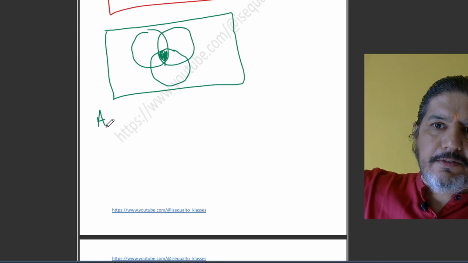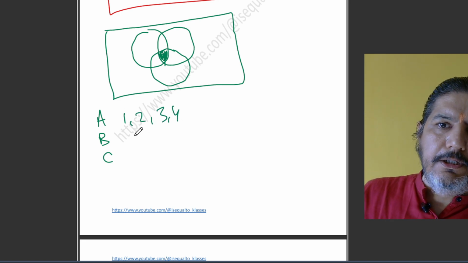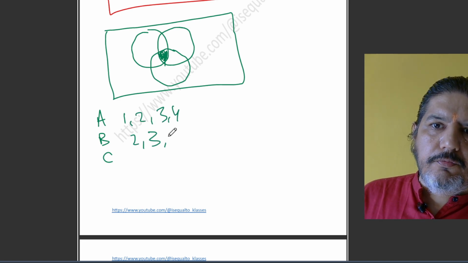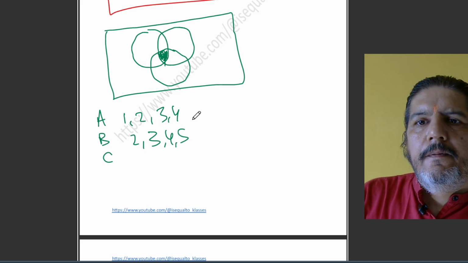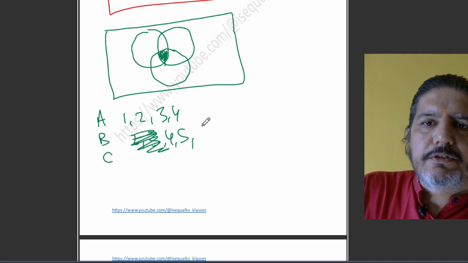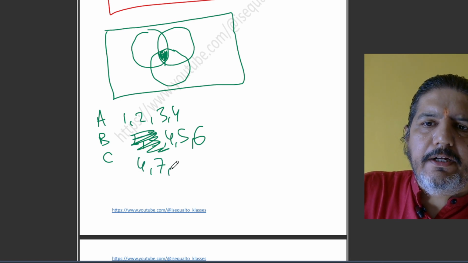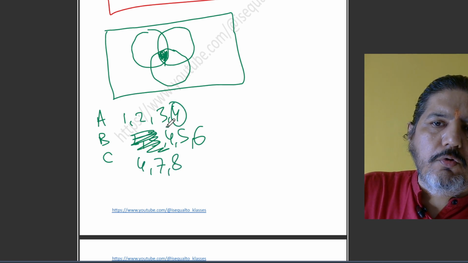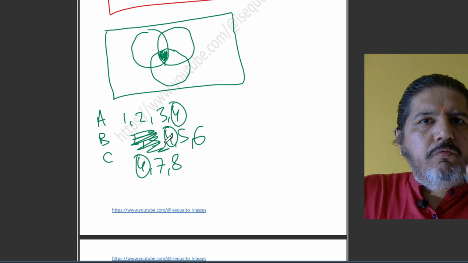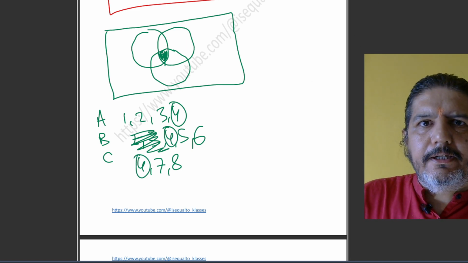So let's take a simple example: A, B, C. Let us say A is 1, 2, 3, 4, B is 4, 5, 6, and C is 4, 7, 8. Now if you see, 4 is the common element which is there in all A, B, C. Hope you are getting it.